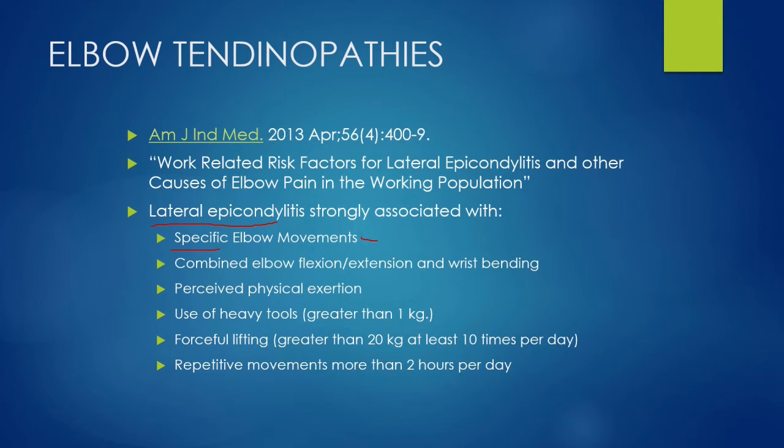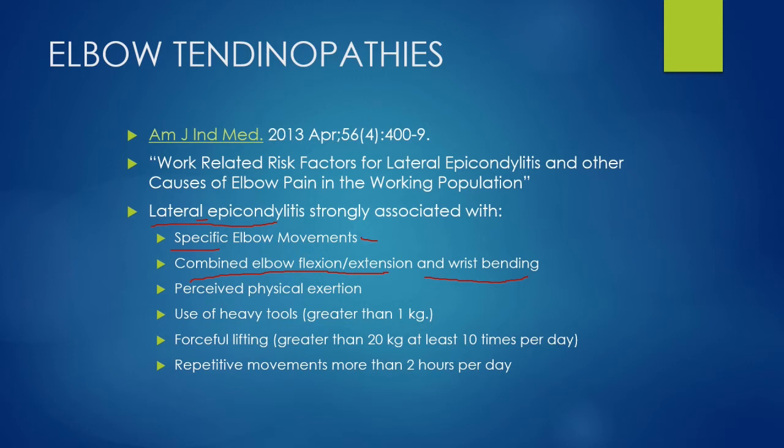A resisted lengthening contraction of the elbow and finger extensors is strongly associated with lateral epicondylitis. Also, combined elbow flexion and extension combined with actions at the wrist, including wrist flexion and wrist extension. And again, because these are two joint muscles, they're affected by actions at both the wrist and the elbow.